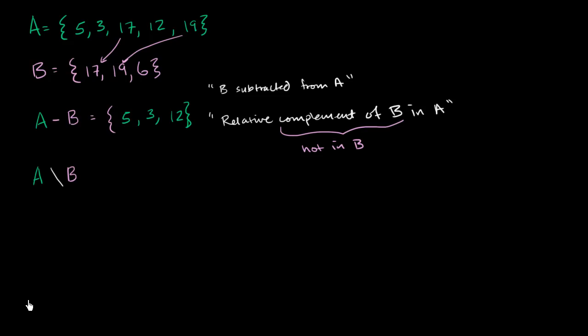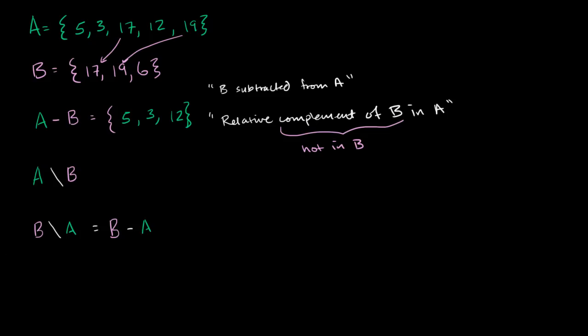Now, with that out of the way, let's think about things the other way around. What would B slash A be, I'll just call it a slash right over here? So what would be B minus A, which we could also write as B minus A?